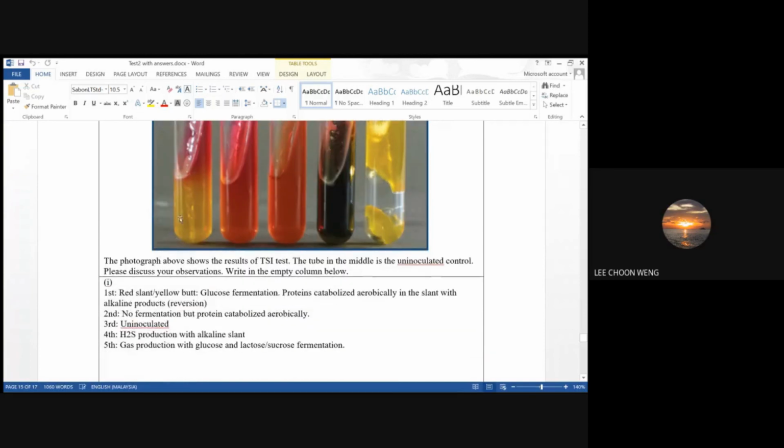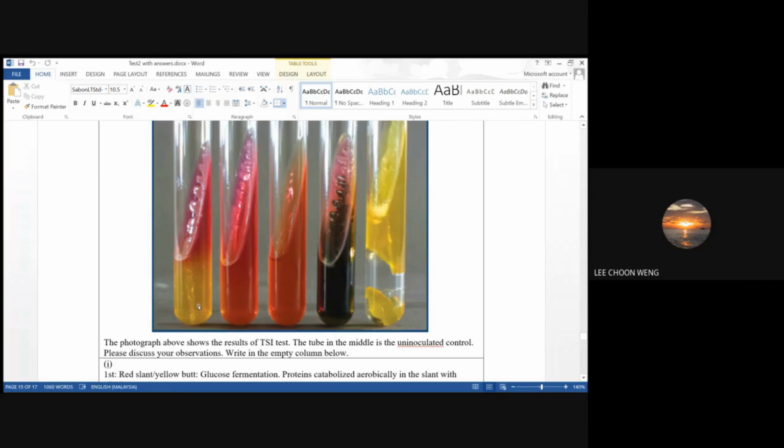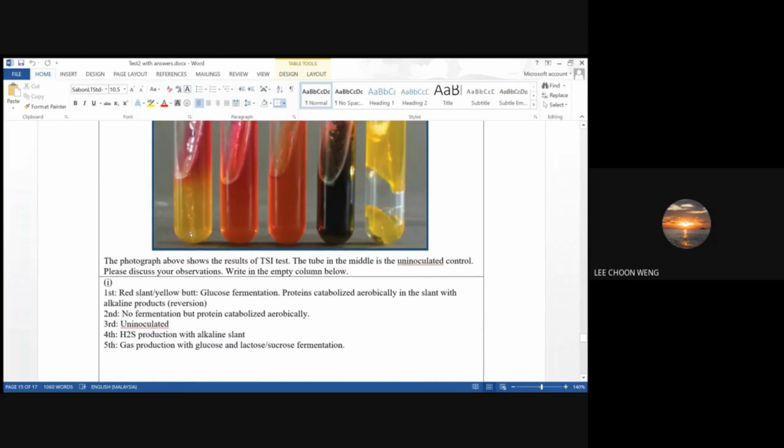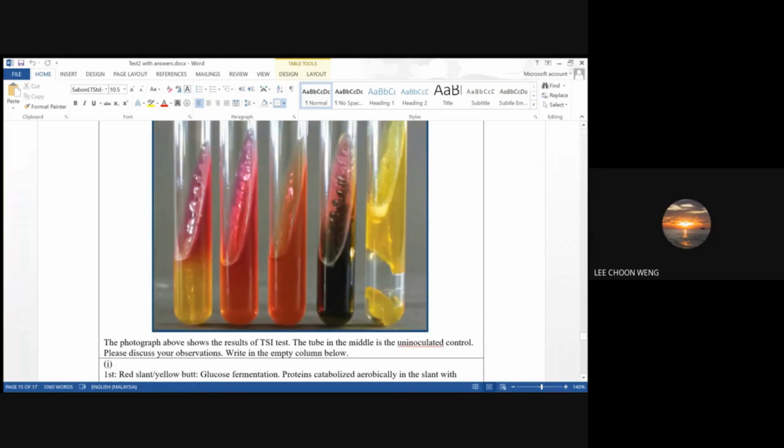It's because it only utilizes glucose, and the fermentation of glucose is not enough to maintain the whole tube yellow. So if you incubate it overnight, the proteins catabolize aerobically on the slant and will revert this back to pinkish. So this is typical of only glucose fermentation.